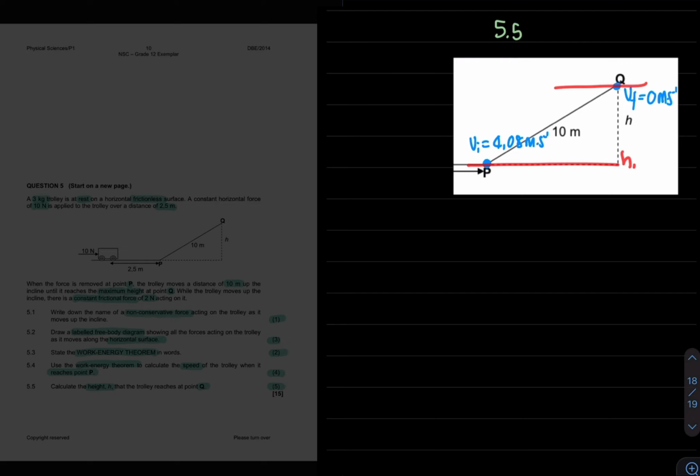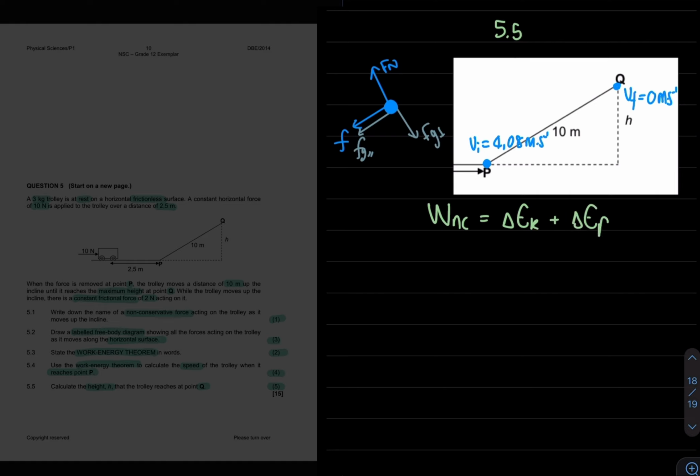We're going from an initial height of 0 to a final height of h. Looking at our free body diagram, we can see the vectors working on the body as it's moving up the inclined plane. And seeing as we have friction, which is a non-conservative force, we can make use of the non-conservative formula, which states that the work done by a non-conservative force is equal to the change in kinetic energy plus the change in potential energy.